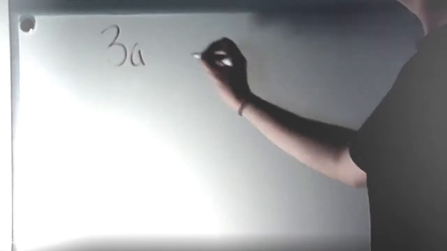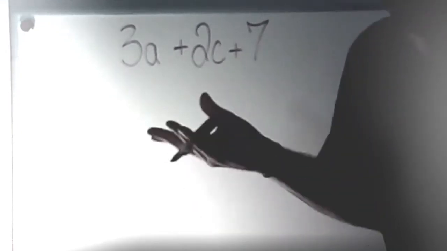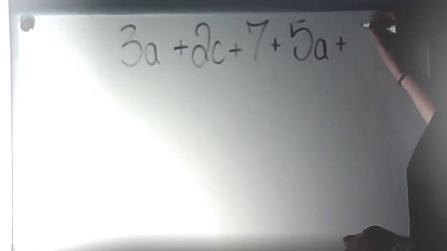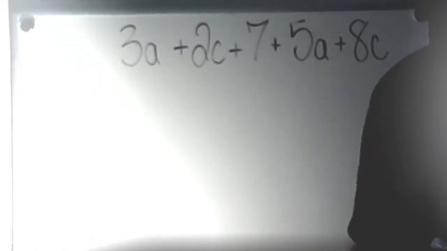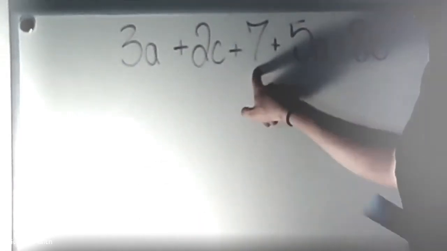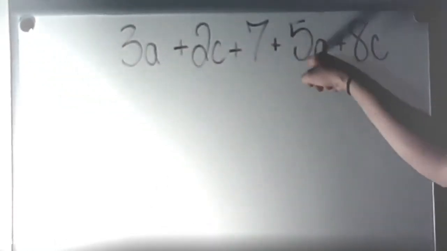Let's do 3 apples plus 2 cats plus 7 plus 5 apples plus 8 cats. Anytime I put a number up there with no attachment, let's pretend it's dollars. So I have 3 apples, 2 cats, $7, 5 apples, and 8 cats.